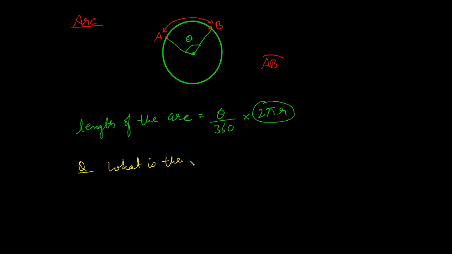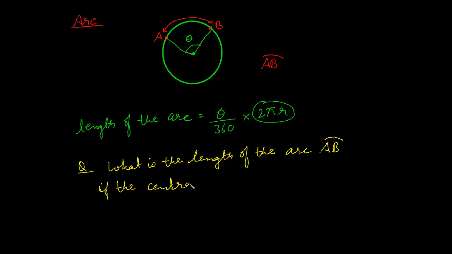For example, let's say we look at a question which says, what is the length of the arc AB if the central angle is 20 degrees and the radius is equal to 4. To solve this question, we would directly use this formula.